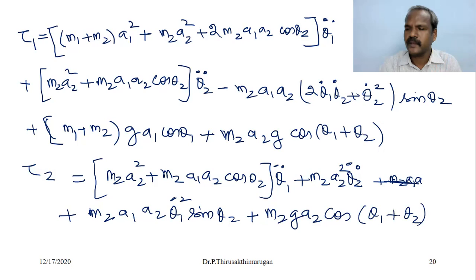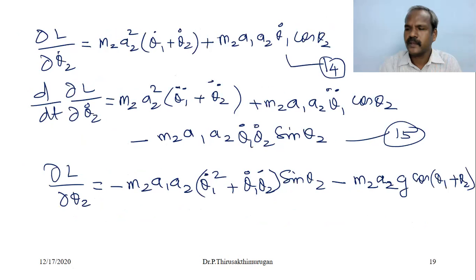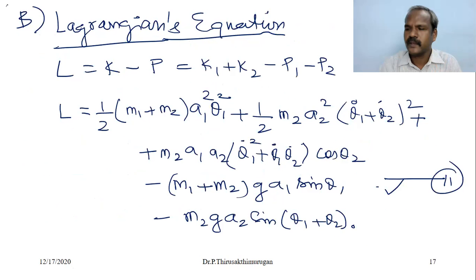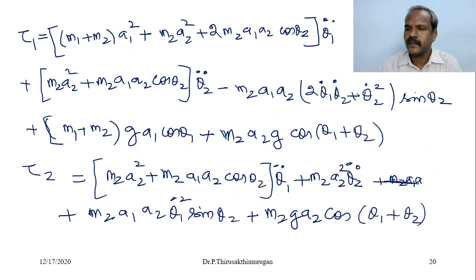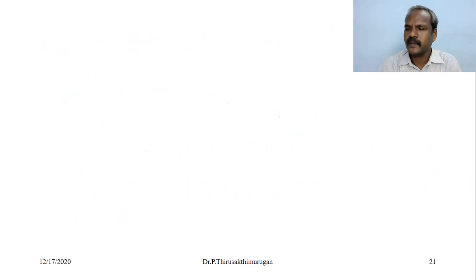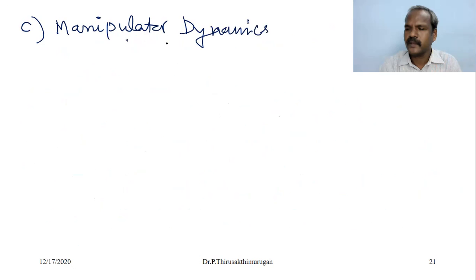So now the second part is over. Third is C. What is C? Manipulator dynamics equation, right? So what is manipulator dynamics?